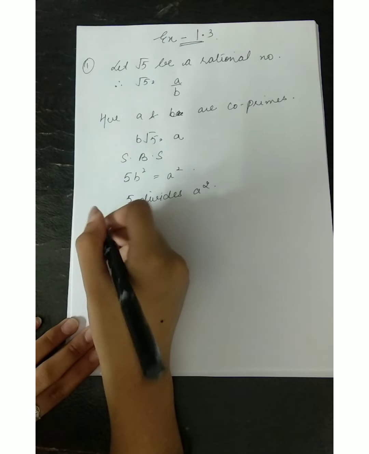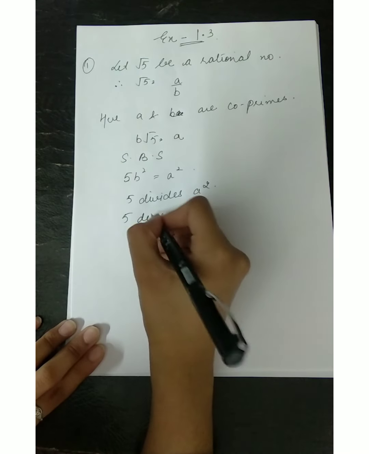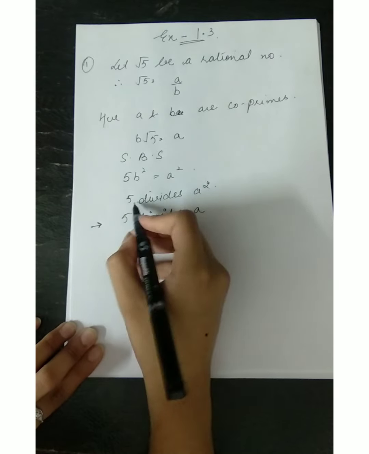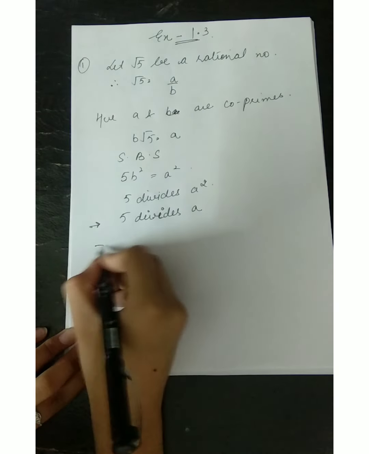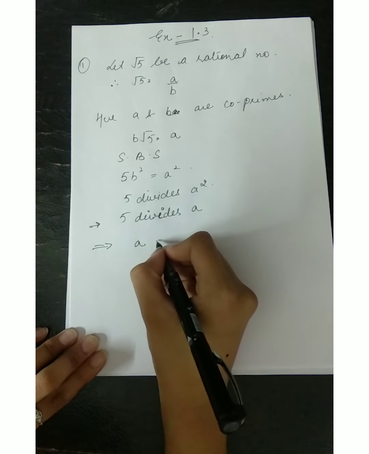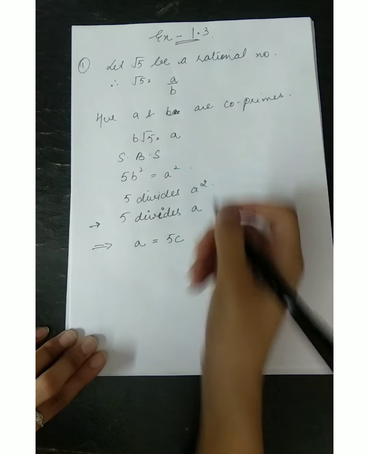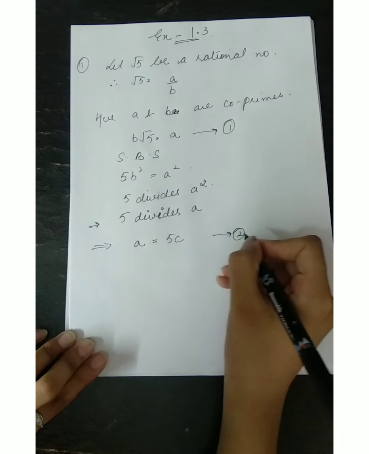Now 5 divides a. As 5 divides a square, this implies 5 divides a. Therefore, a is equal to 5c. Okay, we'll be taking this as equation 1 and this as equation 2.